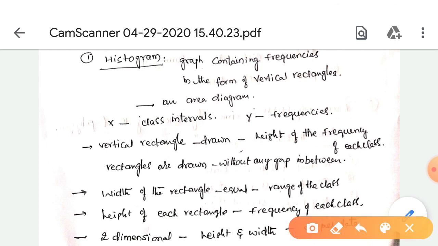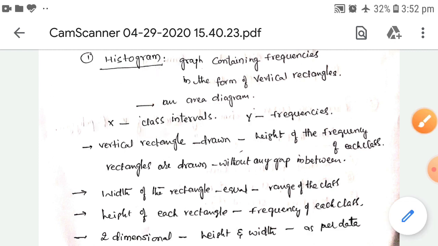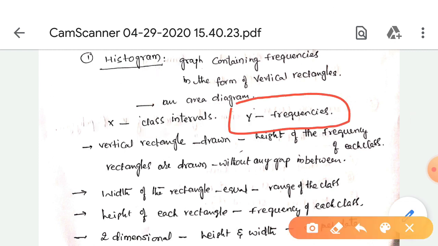Every graph contains two axes, the x-axis and the y-axis. In the histogram, the x-axis is marked with the class intervals and the y-axis is marked with the frequencies.